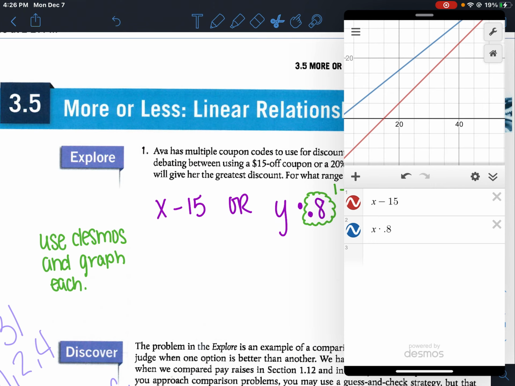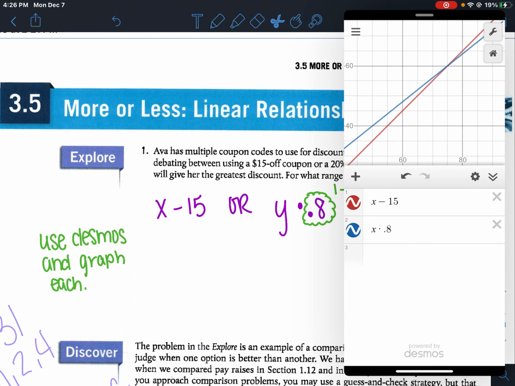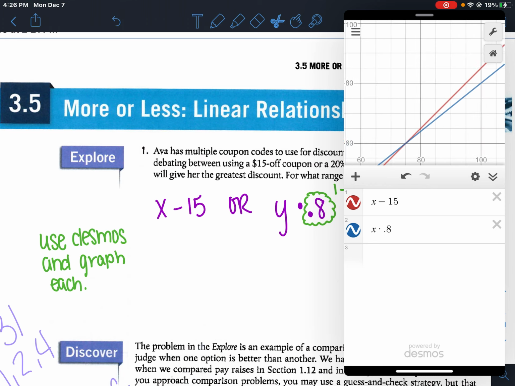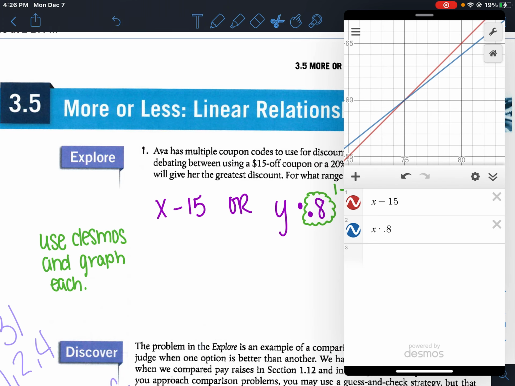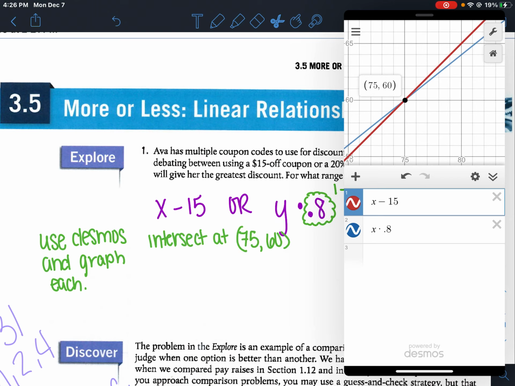And now think back to the Math 1 days, maybe other math classes too, I don't know. Okay, we have a system of linear equations. And notice they intersect at 75, 60. So what does that mean? Okay, well, my x value is what I am spending on a certain item before any coupon code is added.